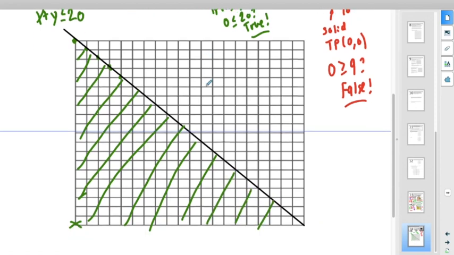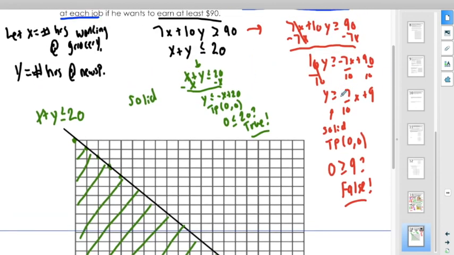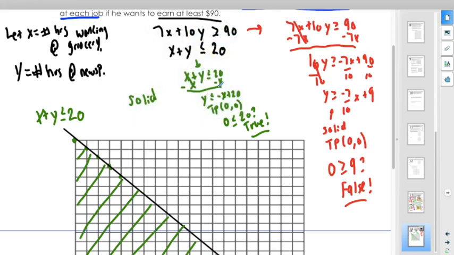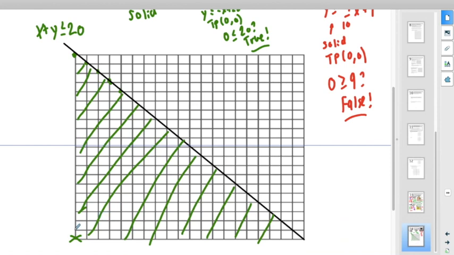Okay, now let's graph this line. Y is greater than or equal to negative 7 over 10x plus 9. Y-intercept of 9: 1, 2, 3, 4, 5, 6, 7, 8, 9. I'm going down 7, to the right 10: 1, 2, 3, 4, 5, 6, 7; 1, 2, 3, 4, 5, 6, 7, 8, 9, 10.